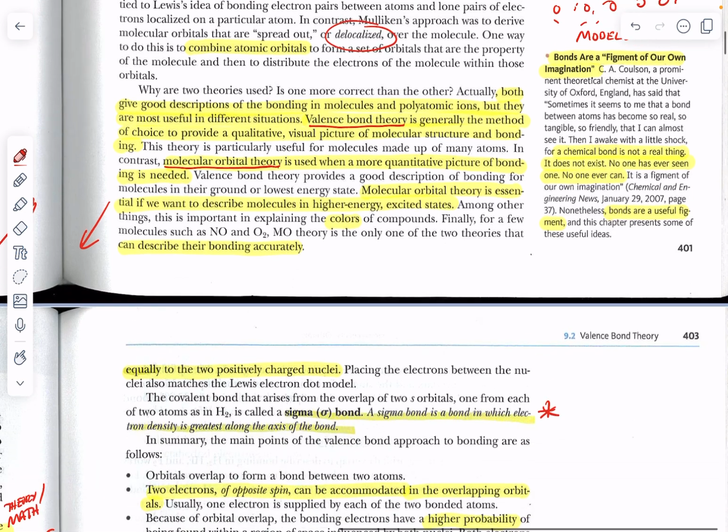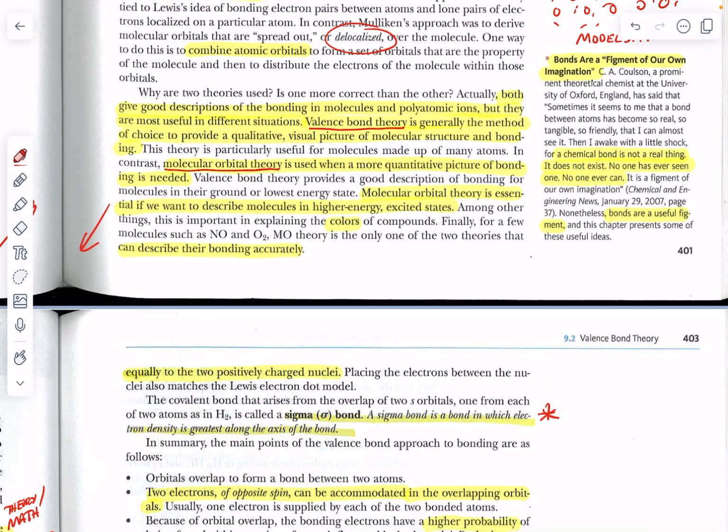So why do we have two theories? And this is something that happens on a regular basis in science. One theory can explain a lot, but it's not sufficient. So we have another theory that can explain other things. Sometimes these two theories seem to be at odds with each other. If you think about the two primary theories about what is light, light is made out of particles called photons, or light is made out of waves.